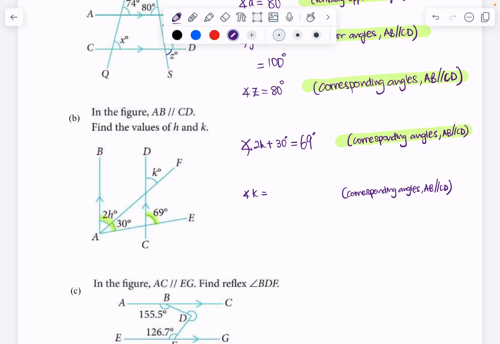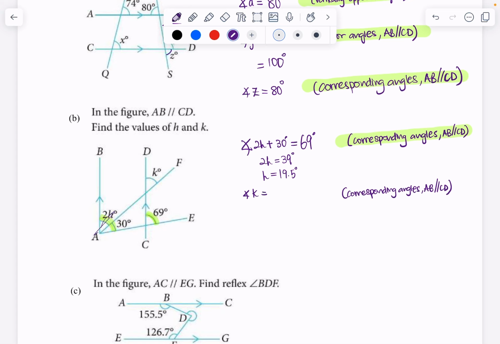Now 2H plus 30 is 69, so we can solve this equation to find H. In order to do that, we subtract 30 on both sides. So 2H is equal to 39. Next, we can find H by dividing by 2 on both sides. So that gives us 19.5.